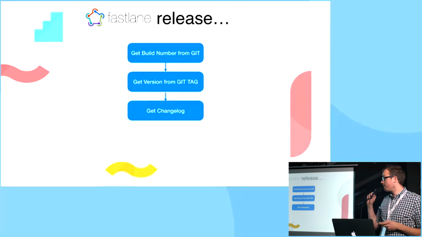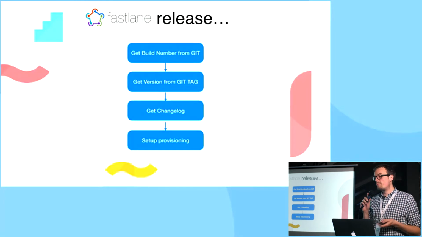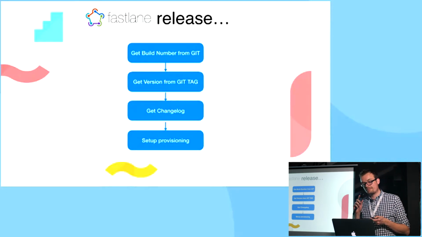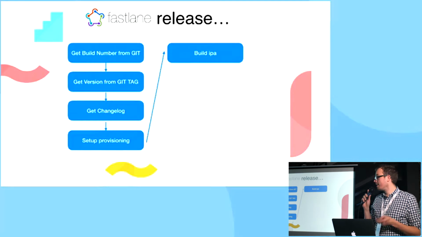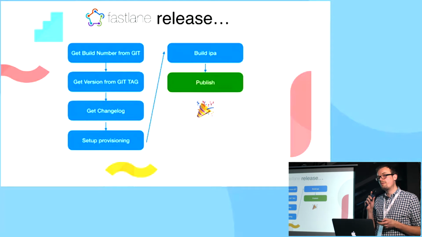Then it gathers a changelog since the previous release. Then it sets up provisioning profiles and certificates using Fastlane match. Then it builds the application, packages it into an IPA file, and finally publishes it to Fabric.